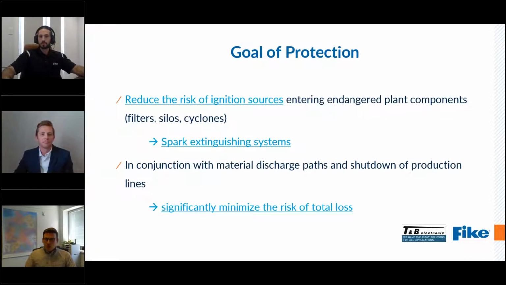We want to reduce the risk of ignition sources entering endangered parts of our plant, for example filters, silos, cyclones. So what are we using for it? We will install spark extinguishing systems. In conjunction with a material discharge path or shutdown of the production line, we can significantly minimize the risk of a total loss of the plant.